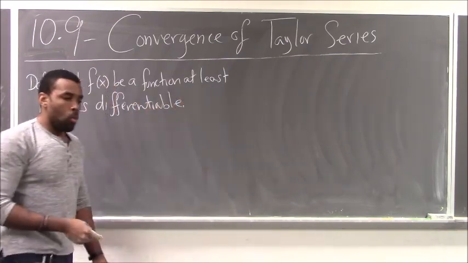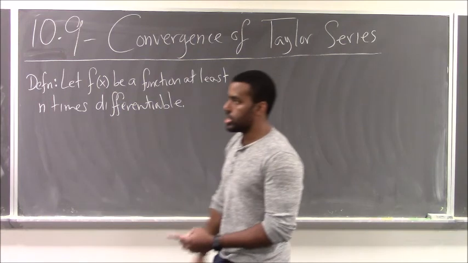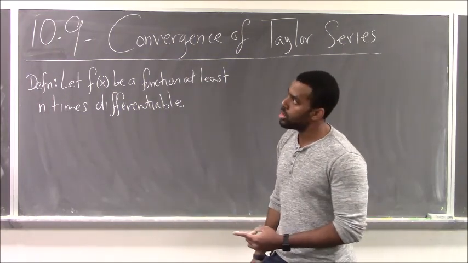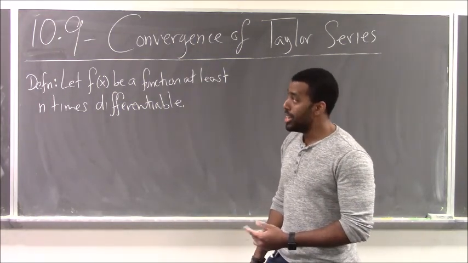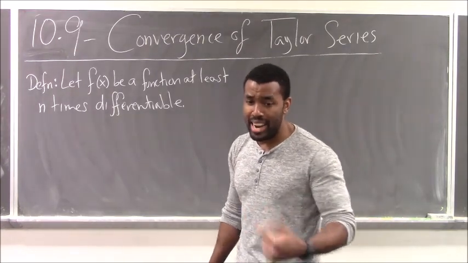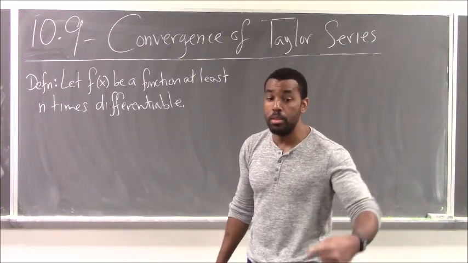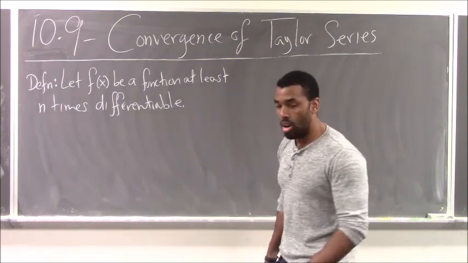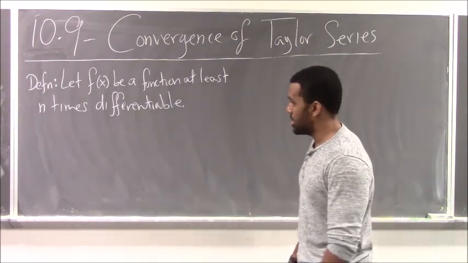Now, I spoke about one of the requirements for a Taylor series last time, did I? I don't remember. I'll probably mention it again. One of the requirements for being able to find the Taylor series of a function is that it has to be infinitely differentiable. You have to keep being able to take derivatives, which not all functions behave that way. We'll get to that in a second.